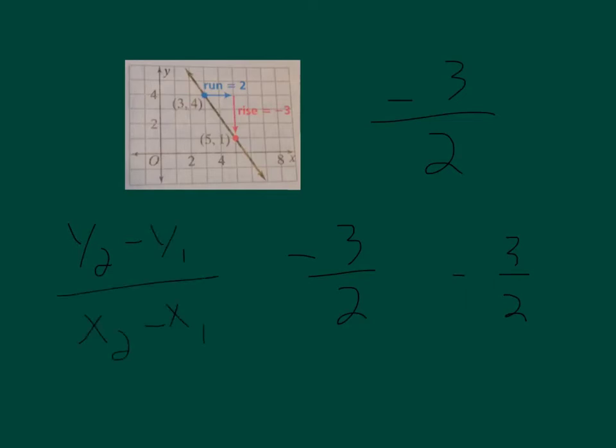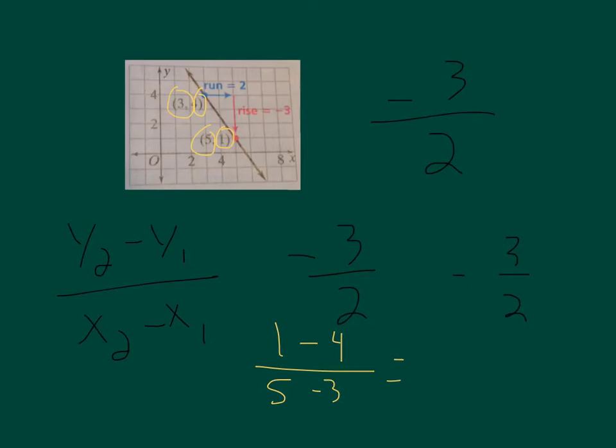Now that should look kind of familiar. Now let's think about that though. Let's apply that and see if that's true. y2, so our second y value is 1, minus our first y value was 4. Our second x value was 5, minus our first x value was 3.